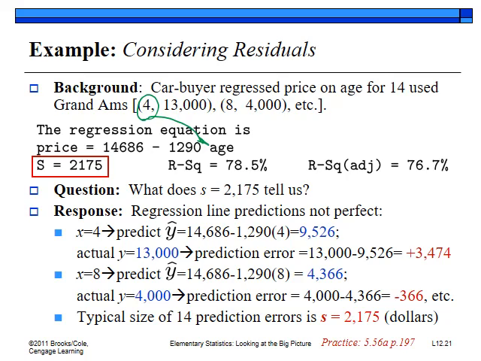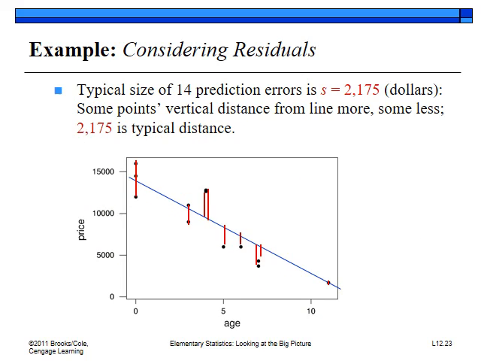The way we interpret S, the standard error, is that if you look at all of the points that we use to generate the line, the size of the residuals will be overall typically around $2,175. Of course, that means some will be higher and some will be lower, but on average, that'll be about the size. Here's a scatter plot along with the graph of the regression line.